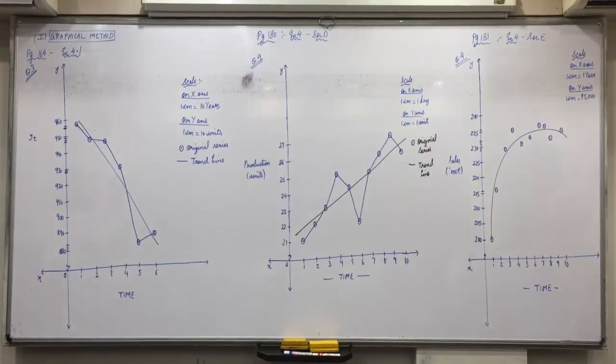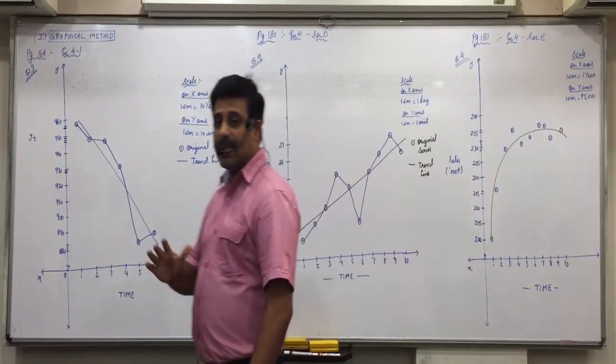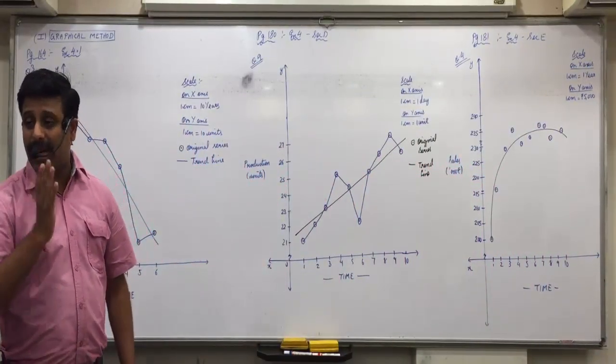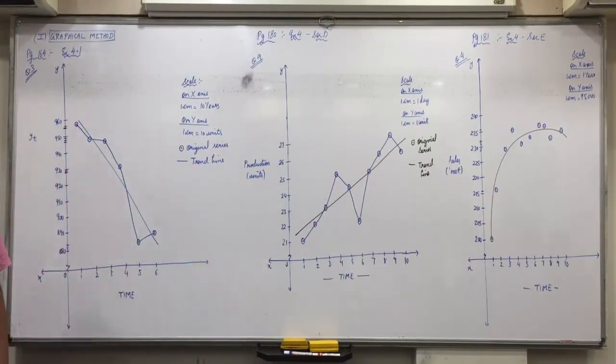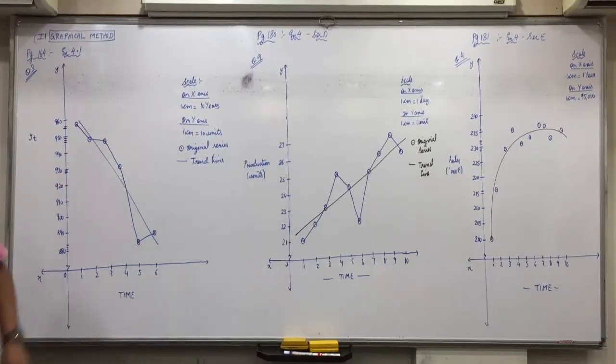Did you understand this portion? Everyone, when to make a curve? When you find that a straight line cannot do justice, it does not pass through all the points, or it is not near to majority of the points, only a few points. Here the straight lines are near to majority of the points. When it is not near to majority of the points, we have to make a curve. Any confusions with this? When to make a curve?